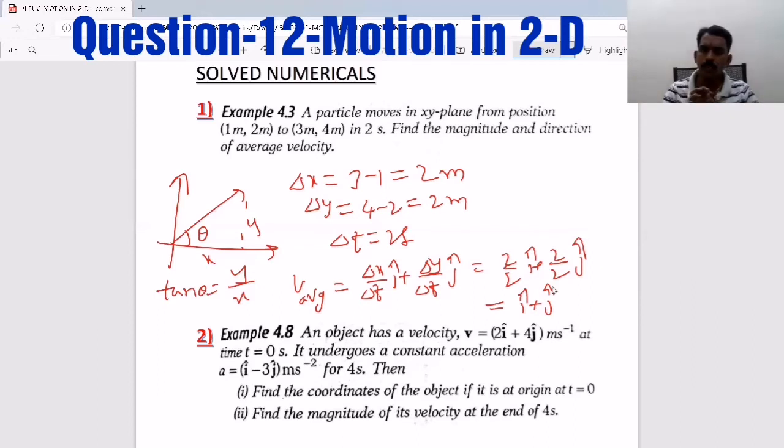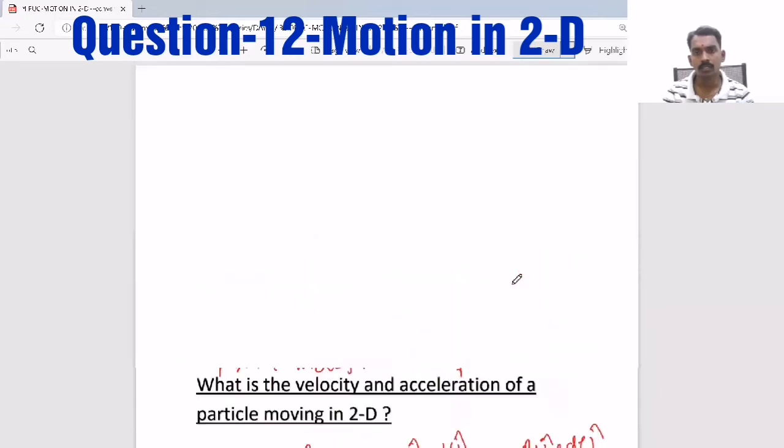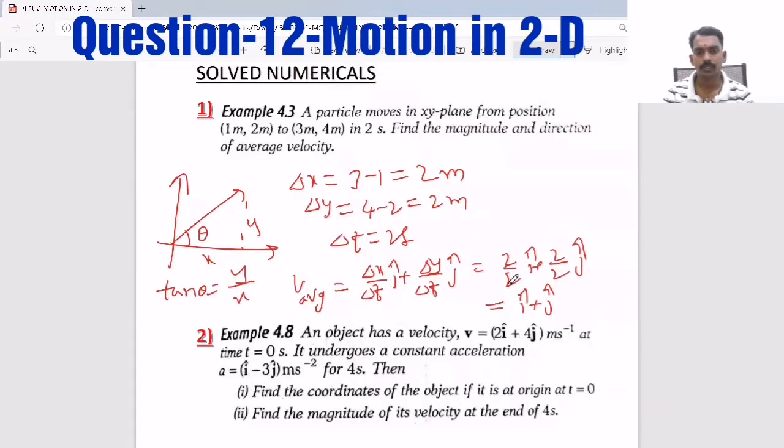That way you need knowledge of vector representation, the angle made by a vector with the x-axis, the magnitude of a vector, the direction of a vector, and whether it is in the first, second, third or fourth quadrant of the coordinate axis system. You must have all these ideas, then only you can solve the questions related to motion in two dimension.